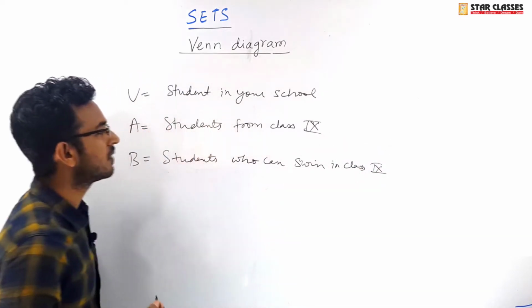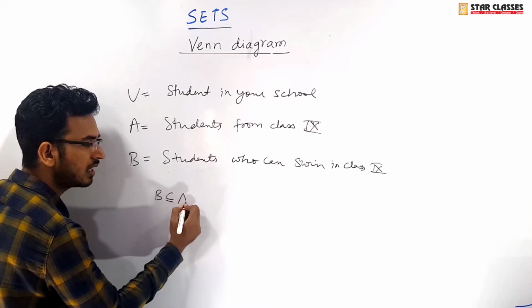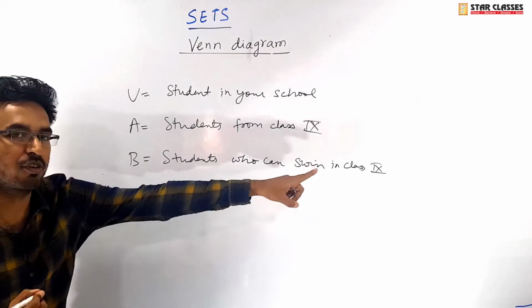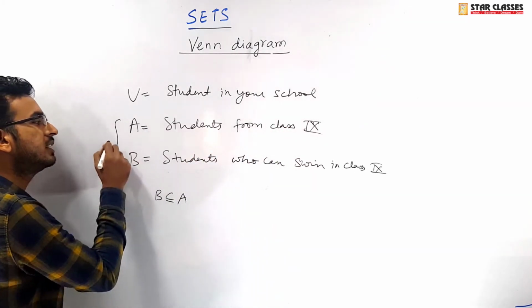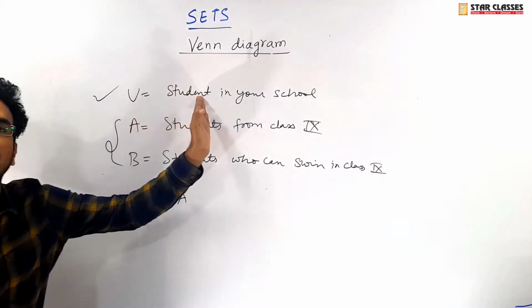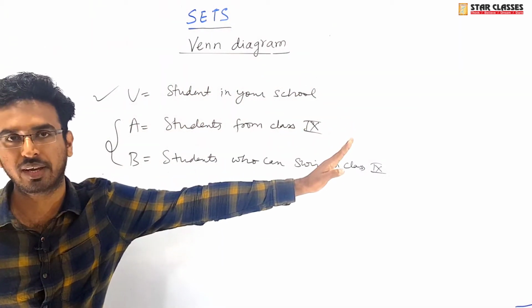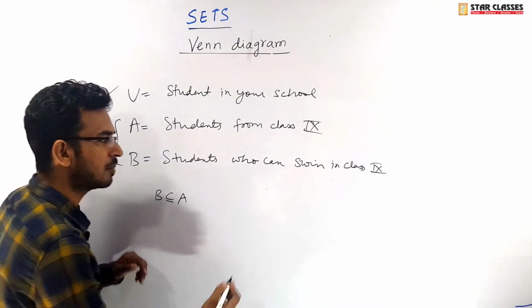So you can see that set B are all students from set A, because these are the students from class 9 who can swim. Okay, and also you can see set A and B are taken from the universe, that is students in your school.